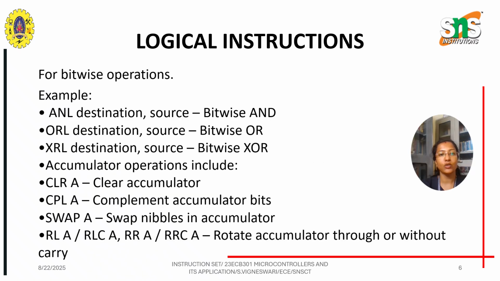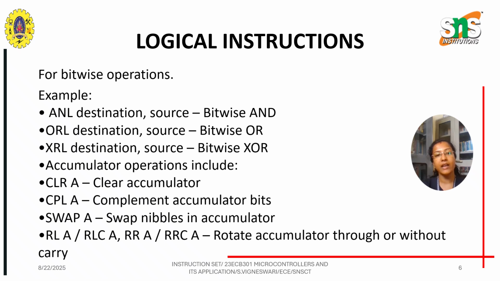Next comes the logical instruction. Logical instructions are used for performing data manipulation at the binary level, or for data analysis with bitwise operations. For example, ANL performs the bitwise AND operation. ORL performs the bitwise OR operation between the destination and the source, and similarly XRL performs the exclusive OR operation between the destination and the source.